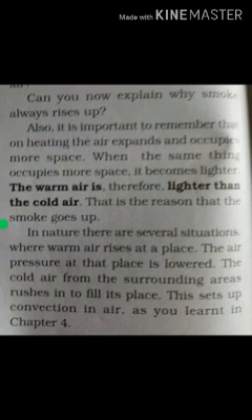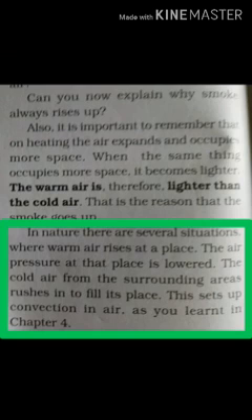In nature, there are several situations where warm air rises at a place. Due to heat, when the land gets heated, the surrounding air also gets heated and rises up. When the air rises up, the air pressure of that place is lowered, creating a low pressure area.